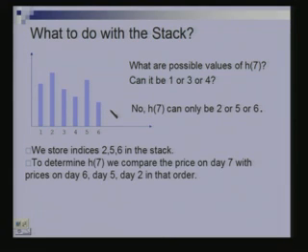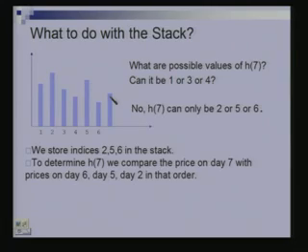Then h of 7 is 6. But if the price on day 7 was larger than the price on day 6, then I will compare it with the price on day 5. If it was larger than the price on day 5, then I will compare it with 2. If it was larger than that, then h of 7 is minus 1.